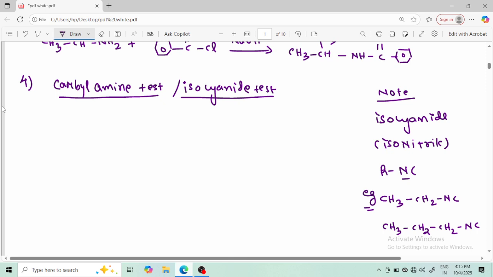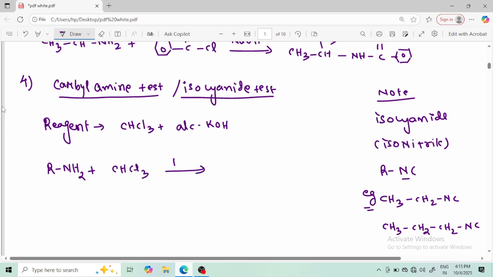Now here, what are the reagents used? The reagent will be chloroform, that is CHCl3, and then alcoholic KOH will be given. Sometimes they just mention KOH also, no problem with that. Now here what will happen: one RNH2 will be there, and it will react with this reagent CHCl3 and KOH, sometimes alcoholic KOH, and then it will give RNC.